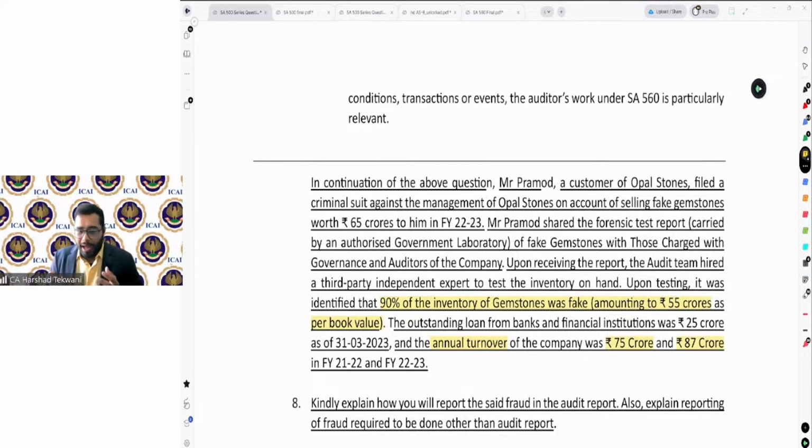See, I have 90% of my inventory fake, which has an impact of 55 crores in my books of account. My turnover is 75 crores.